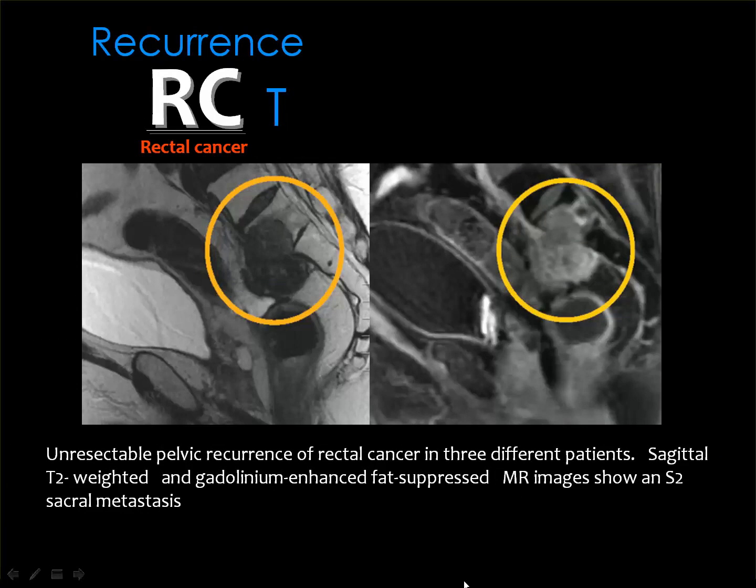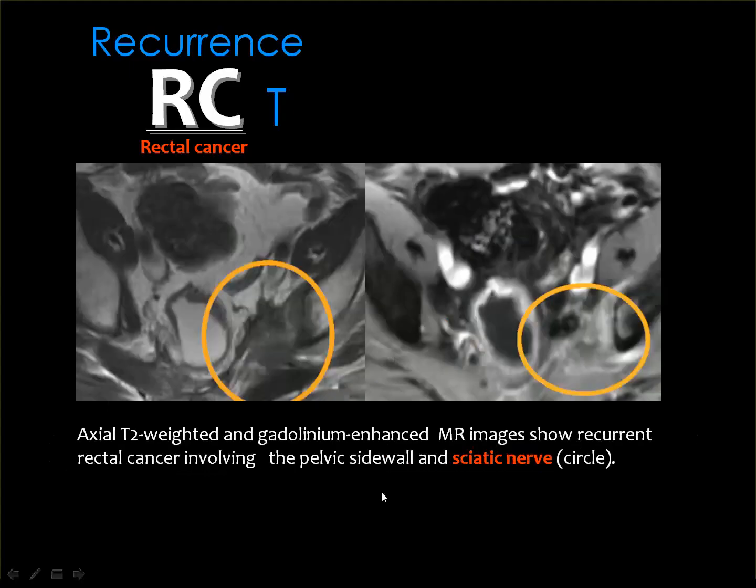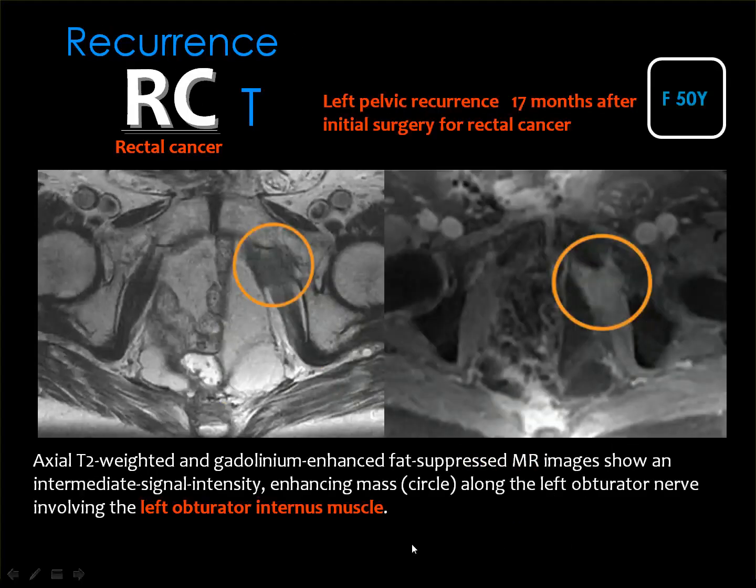Actually, recurrences outside the anastomotic site are easily diagnosed, like involvement of the sacrum by a metastatic deposit, involvement of the external iliac vessel by a tumor mass, involvement of the sciatic nerve by a lesion which is of intermediate signal in the T2 weighted image and enhances significantly after contrast, and involvement of the obturator internus muscle.